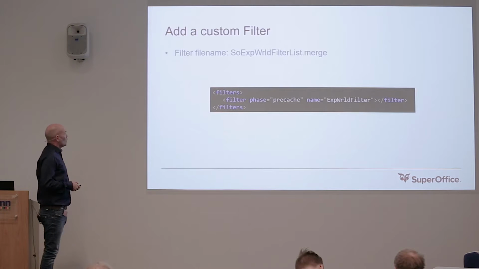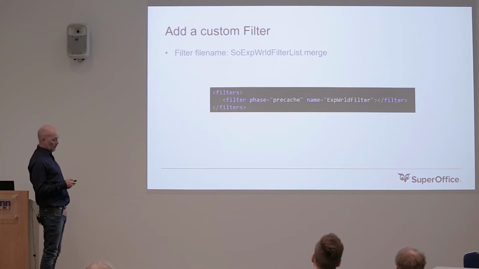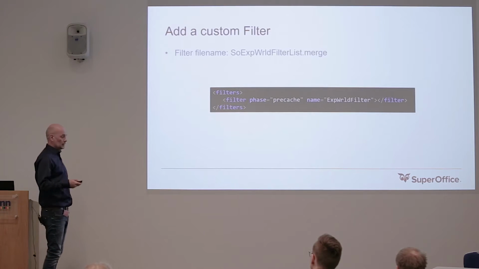So, if you were so lucky to make your own filter, you can make a merge file. I will tell you a little bit later about where you should put your files and how you should put your customizations. But you make a merge file and put it in your custom folder, and it should look something like this.